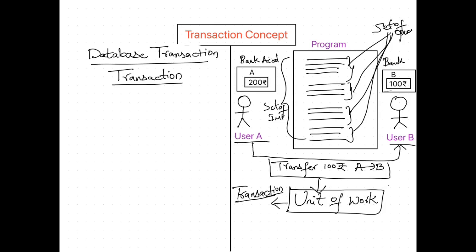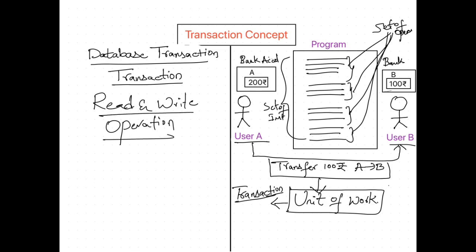In database systems, n number of different types of operations are performed. But to understand the transaction concept, we'll be taking only two operations, read operation and write operation. So we are considering only read and write operations.